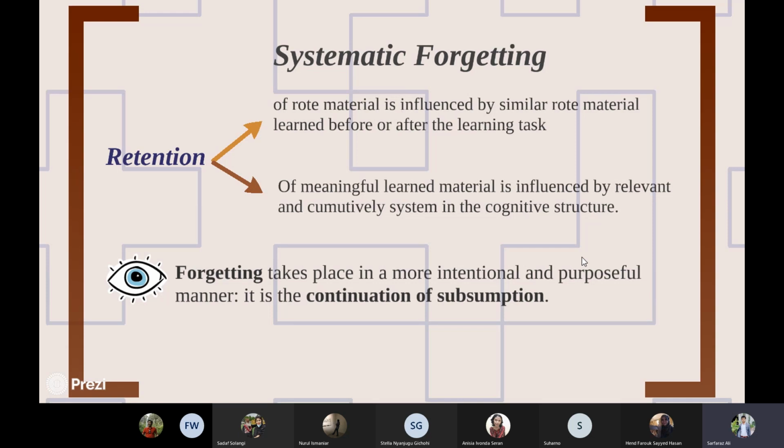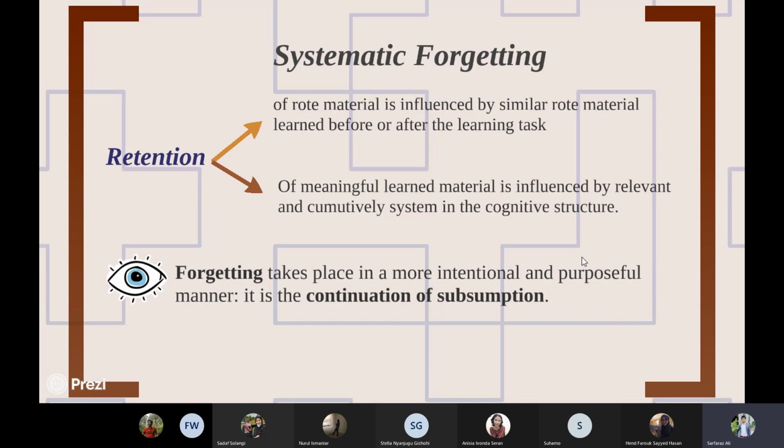Basically, retention of rote material is influenced by similar rote material learned before and after the task. And second, retention of meaningful learned material is influenced by relevant and competing systems in cognitive structure.